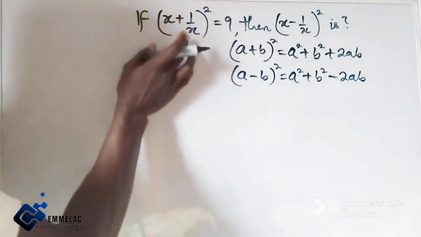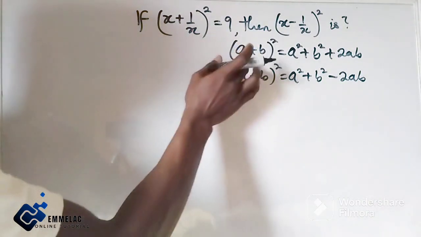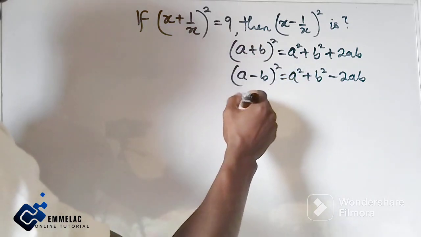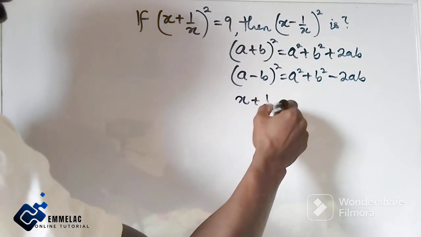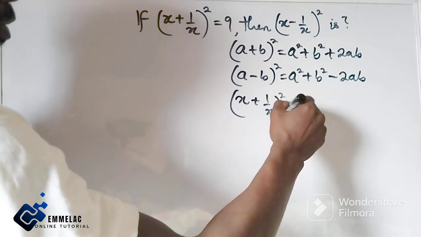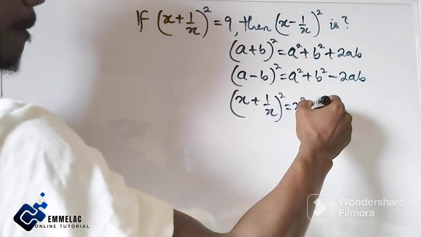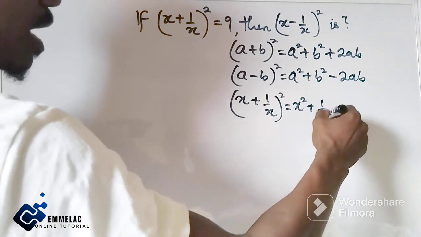Now from this, which is equivalent to this, we can replace a with x and b with 1 over x. So here we have that (x plus 1 over x) all raised to the power 2 will now give us, following this rule, x squared plus 1 over x squared.